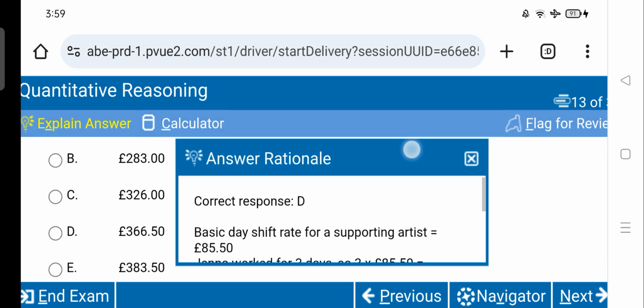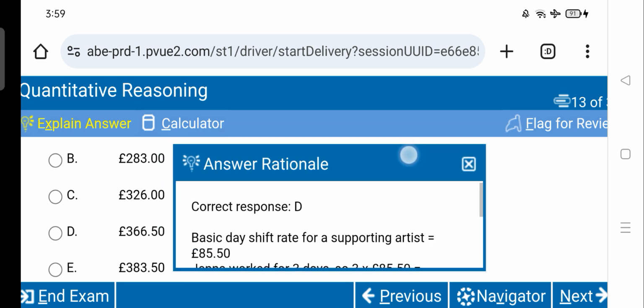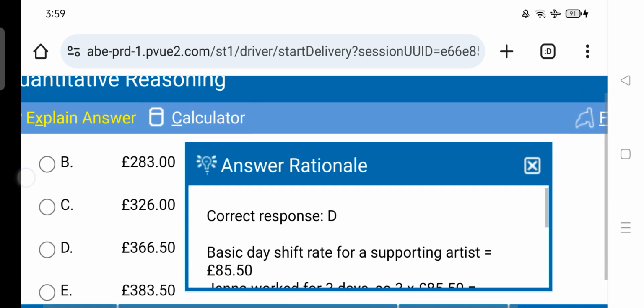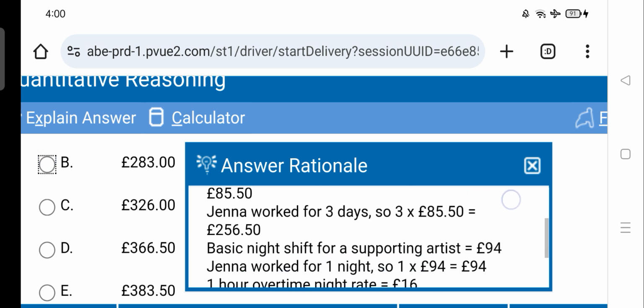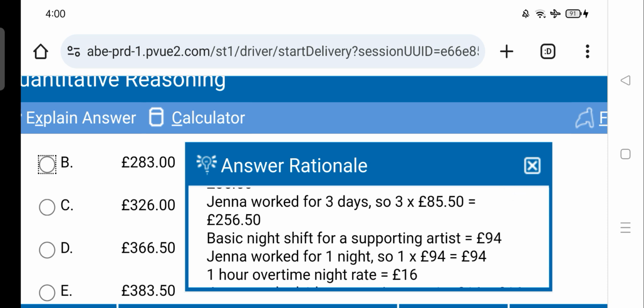So correct response is option D, as the basic day shift rate for a supporting artist is 85.50 pounds. Gina worked for 3 days, so 3 multiplied by 85.50 pounds equals 256.50 pounds.